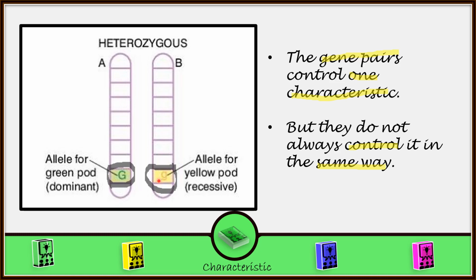So this one is saying that the pods should be yellow. And this one is saying the pods should be green. So even if this pair is controlling one character, which is the color of the pod, they do not always control it in the same way. It doesn't mean that when this one says green, this one will also say green. They may be controlling the characteristic in different ways.